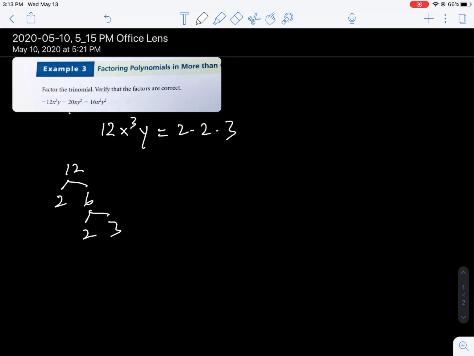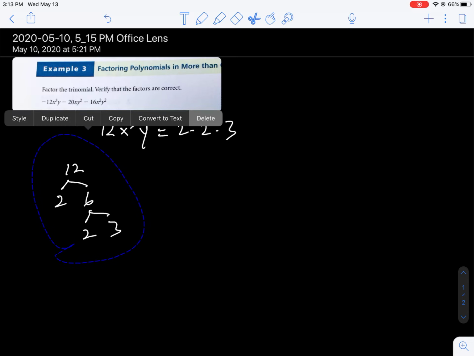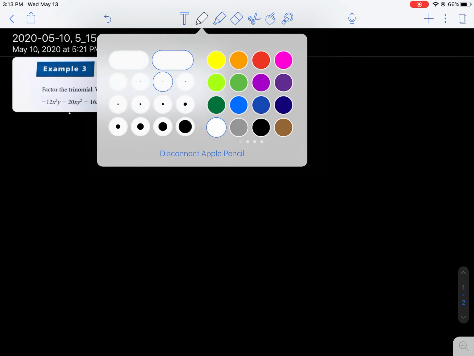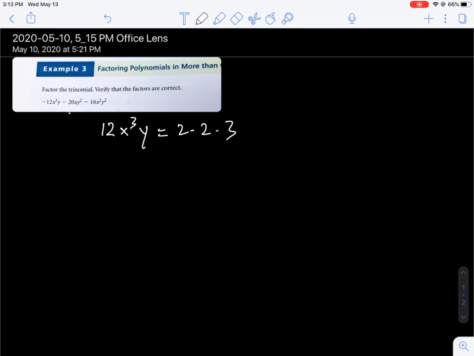So 2 times 2 is 4, 3 times 4 is 12. Okay, so I'll get rid of these calculations. Now x cubed, so we'll write x 3 times. We'll split it into its components and we'll include y the way it is.